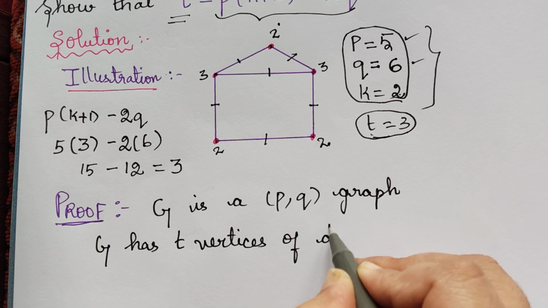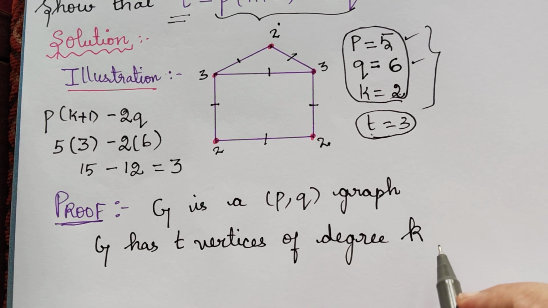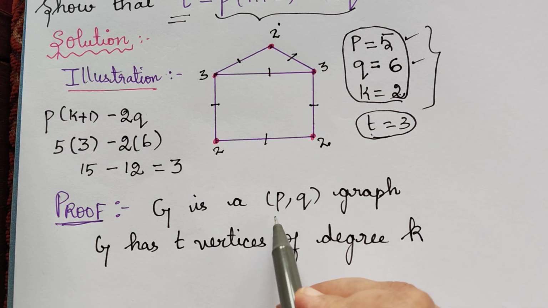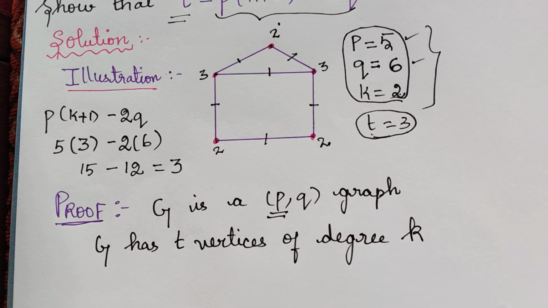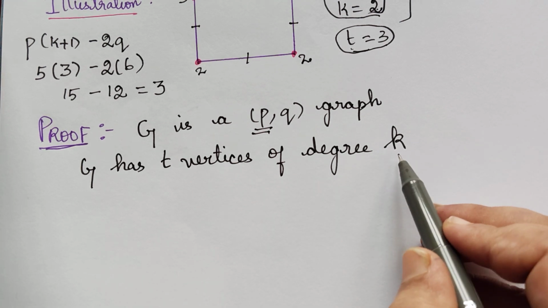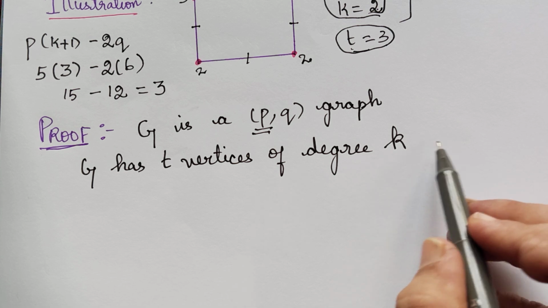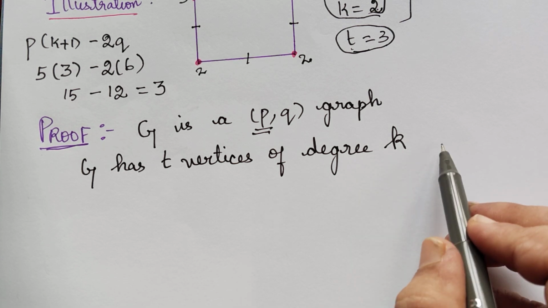We know that the total number of vertices is p. And if a vertex does not have degree k, it will have degree k plus 1 only, because only those two are possible. It's given in the question.